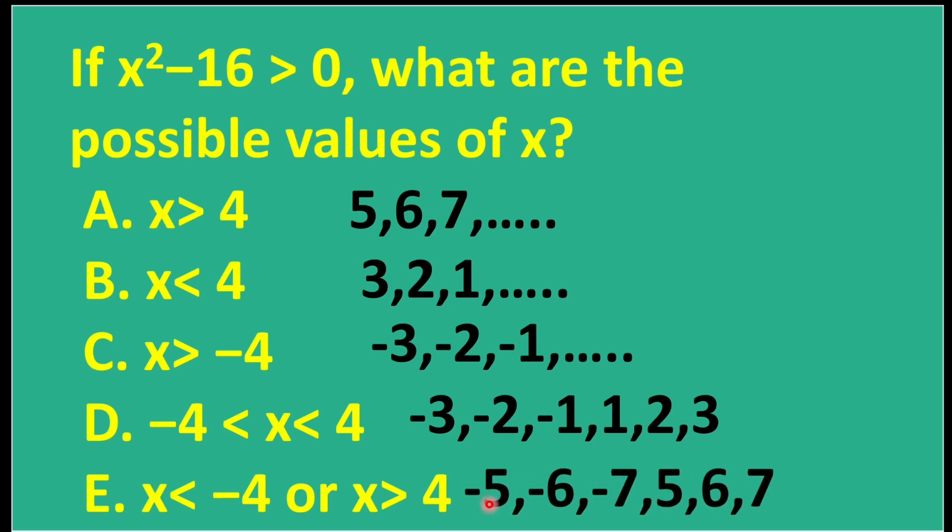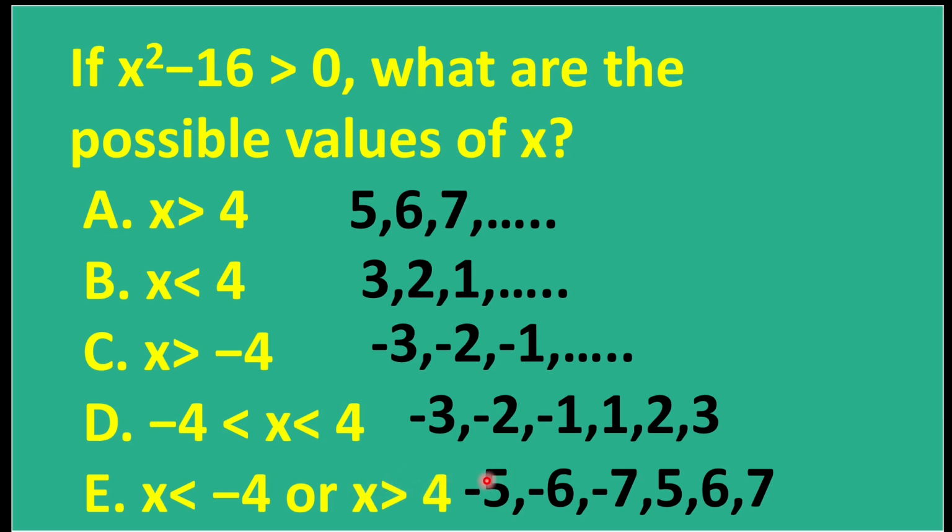Option E says that x equal to minus 5, minus 6, minus 7, because here x is less than minus 4. So minus 5 is less than minus 4, and similarly minus 6 is also less than minus 4, and minus 7 and so on. And similarly for this option, 5, 6, 7, all these values are greater than 4.